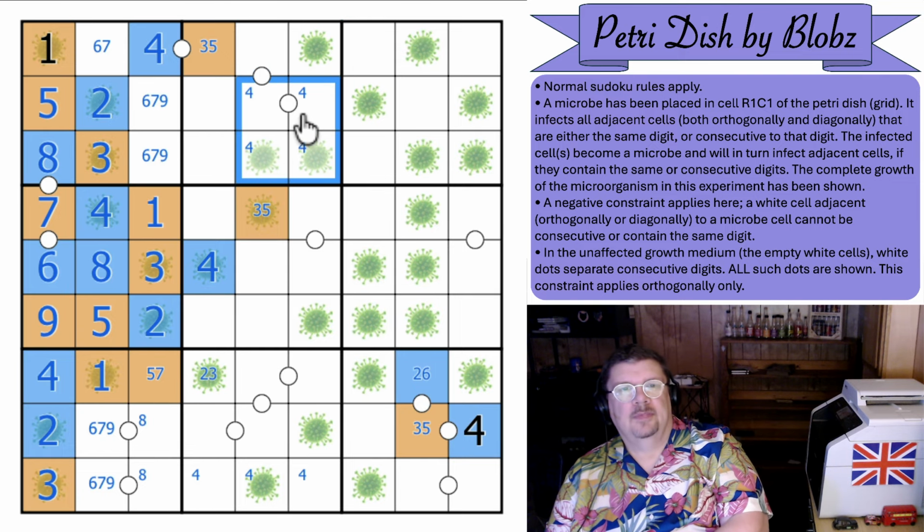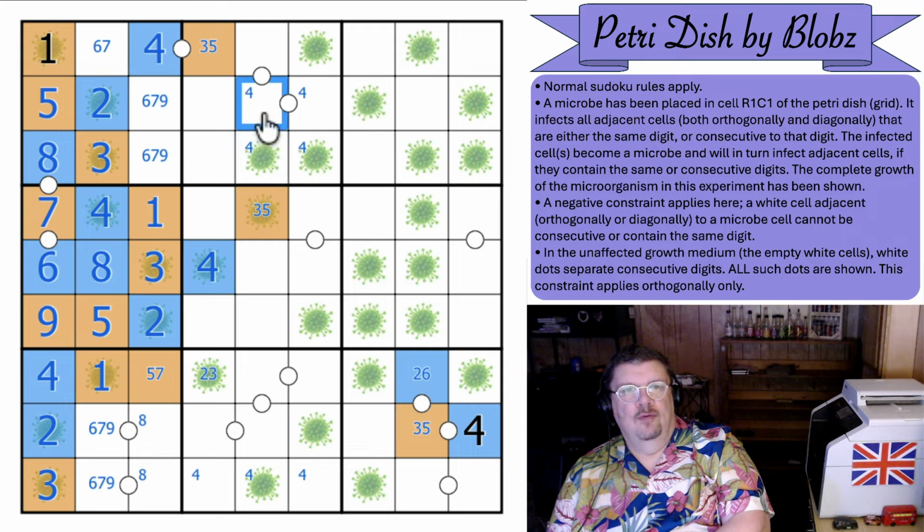At 4. So if that's a 4, that becomes a 3, 5 pair. In fact, that would be 3, that would be 5. If that's a 4, that's 3, that's 2. If that's a 4, that's a 3, 5 pair, and that breaks that cell, so that's not a 4.